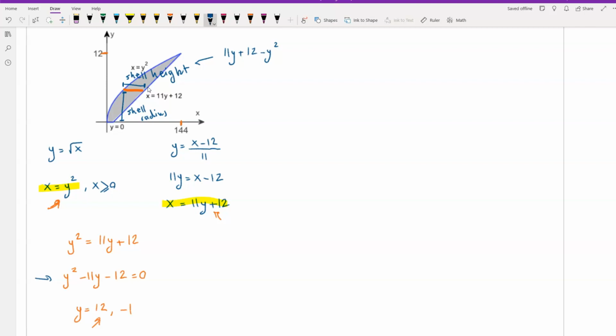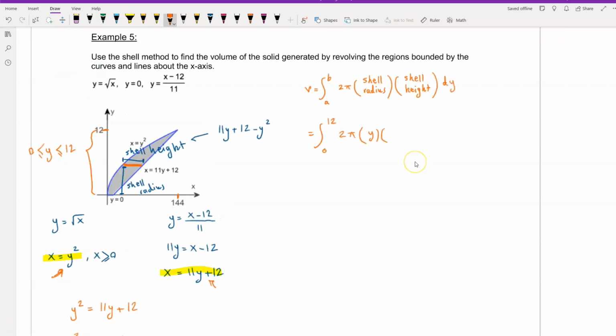So finding volume and also interval of integration is this part. So y is between 0, 12 inclusive. So this one revolving about the x-axis, we're gonna have dy.